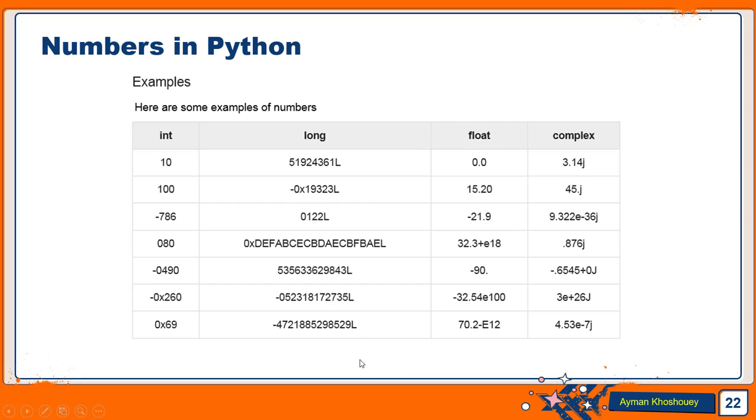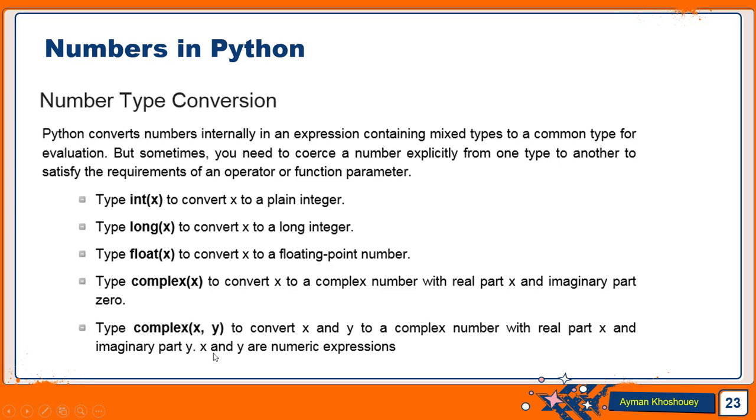As you see here, the numbers in Python, for example, integer, long, float, complex. And this is an example for each type. If you want to convert any type to another, you must use the type and the number between brackets.